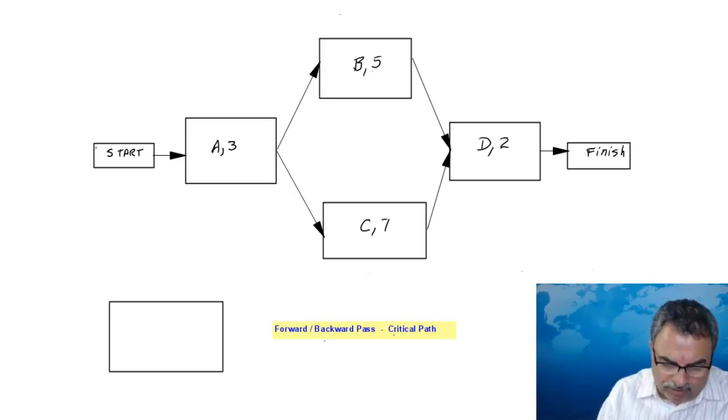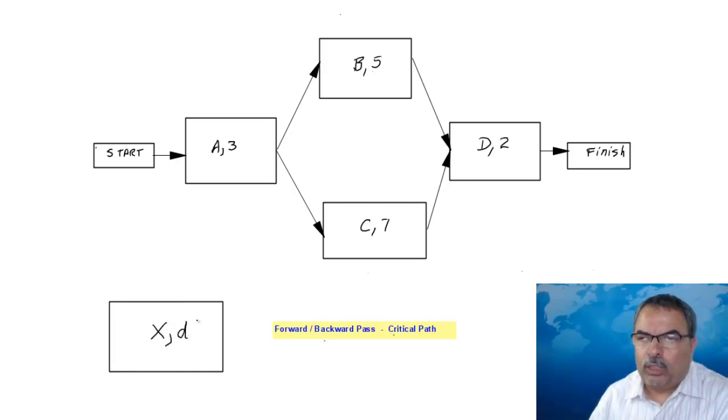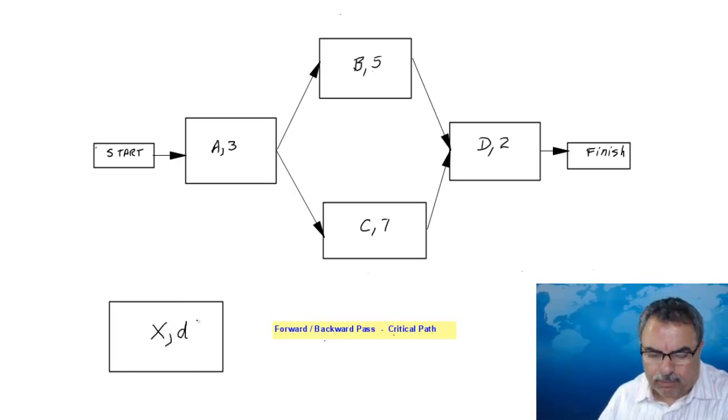If we take any one of these tasks, for example, task X right here, with the duration, those numbers represent duration, and those durations can be expressed in hours or weeks or days or months or whatever you want.